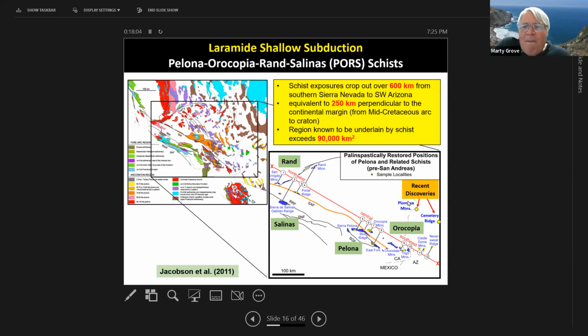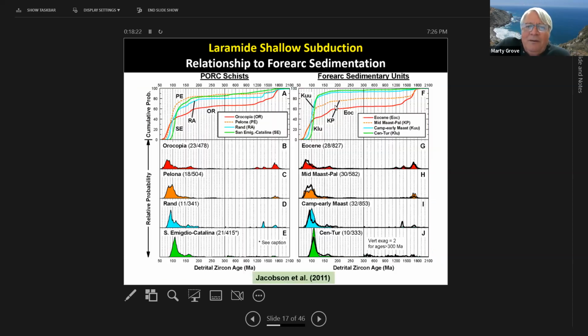And so this configuration allows us to have on the order of about 250 kilometers of oblique view or information that we can derive from these underplated schists.